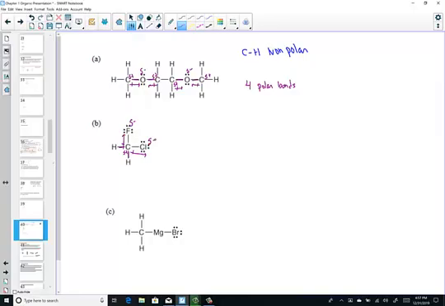And in letter C, I also recognize that there are 2 polar covalent bonds. The first is between magnesium and bromine. Bromine, of course, is more electronegative than magnesium, making bromine very electron rich and magnesium very electron deficient, positively charged.